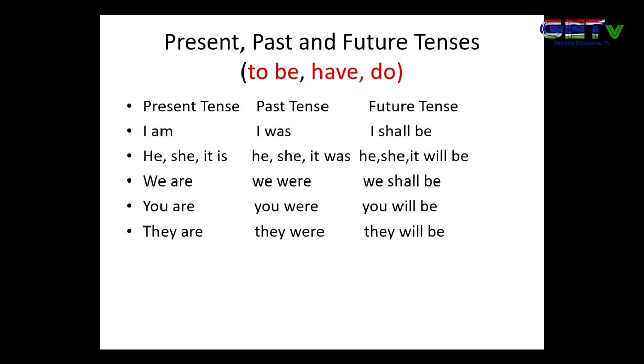Present, the same verb to be. We say he, she, or it is. He is, she is, it is. But we say I am.